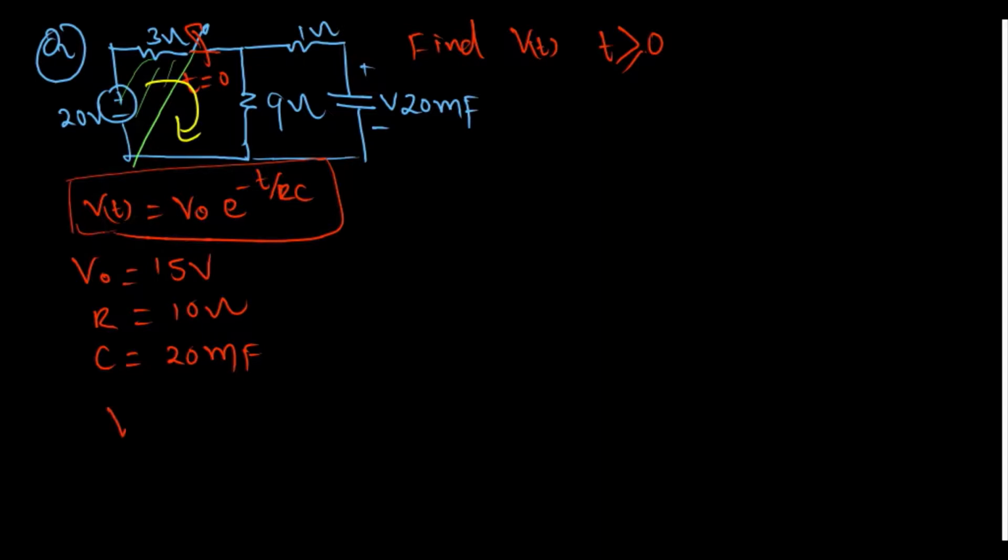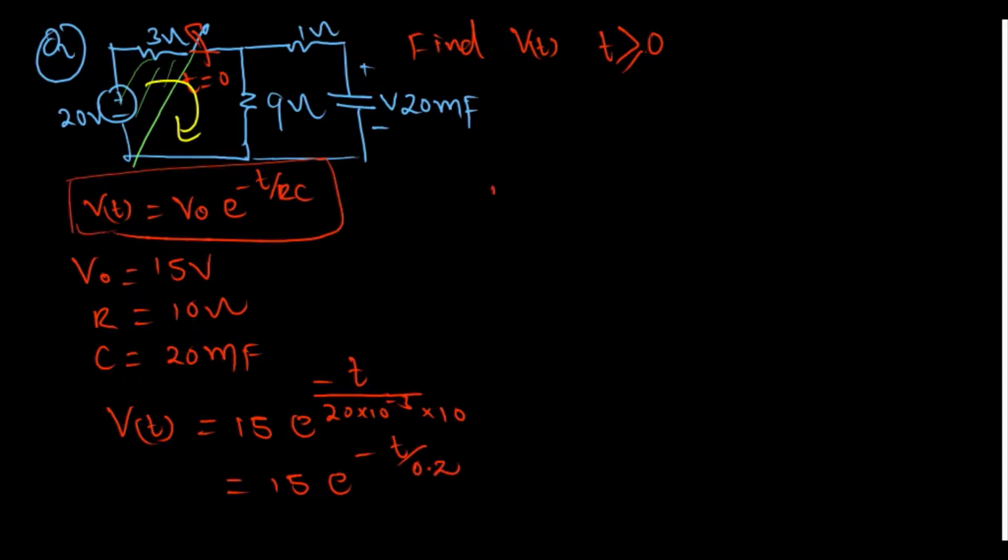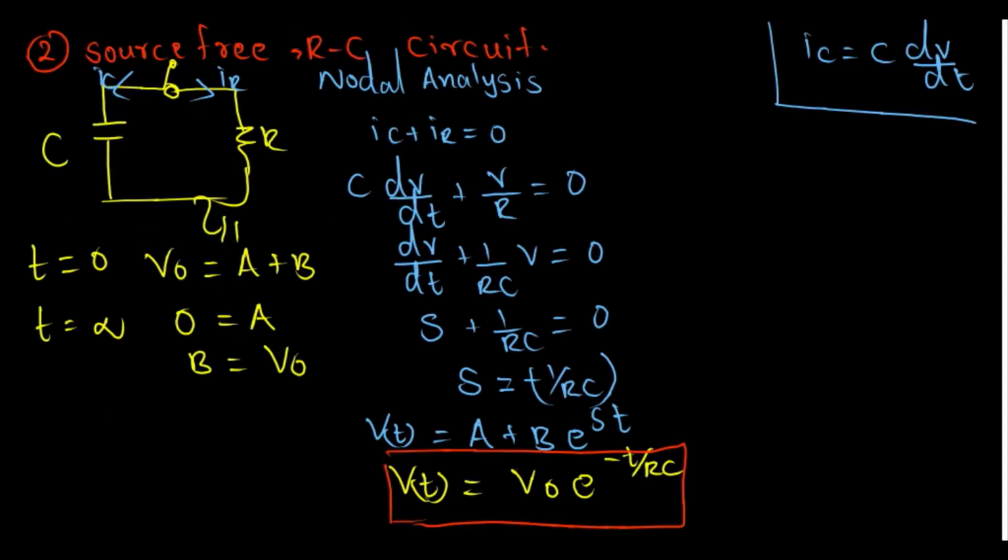The answer comes V(t) is equal to 15 e to the power minus t over 20 into 10 to the power minus 3 into 10. So the answer is 15 into e to the power minus t over 0.2. When we solve this, we can then find the value at t is equal to 10 seconds, or 15 seconds, or 1 hour or 2 hours, whatever. This is the second one.